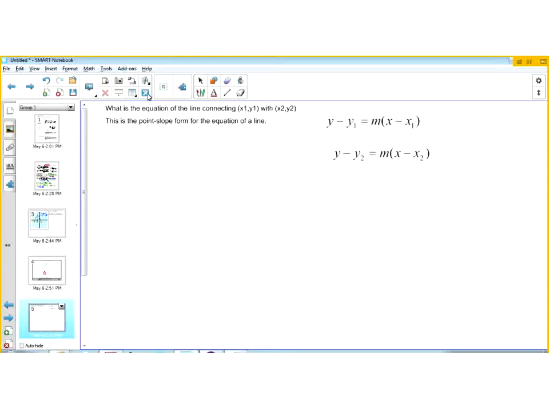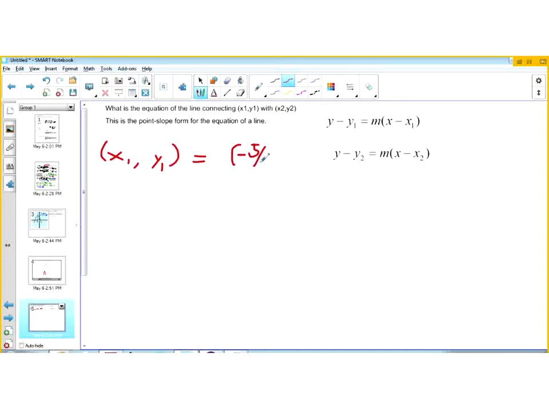So let me give you an example. So let's say I give you x, let me define the point x sub 1, y sub 1 is equal to say 5 halves, negative 5 halves, and 3.